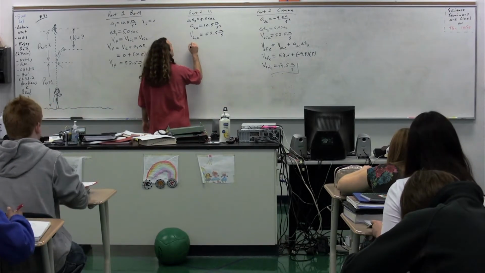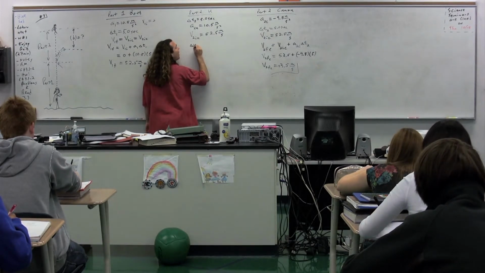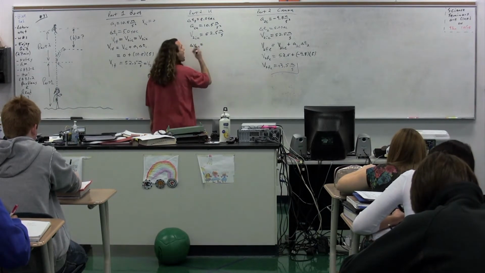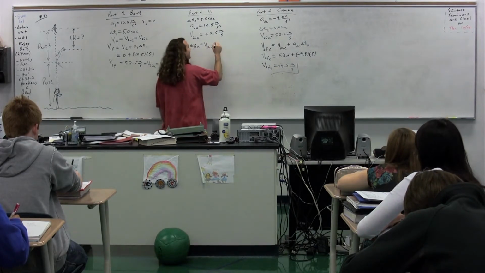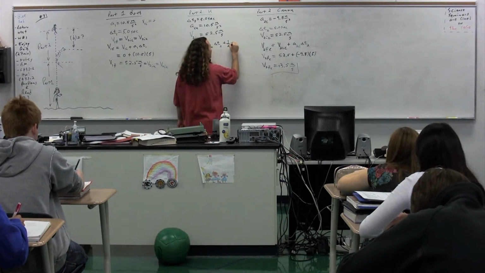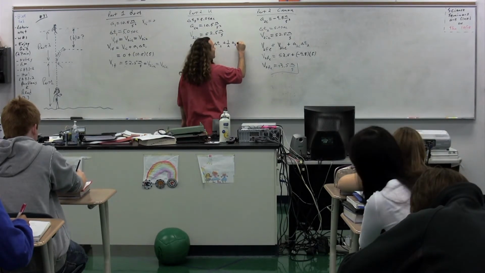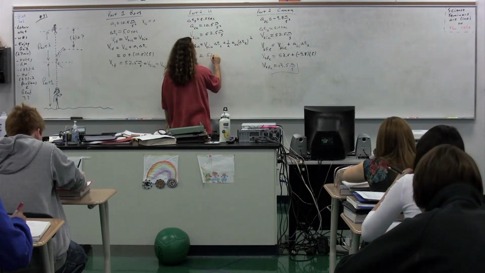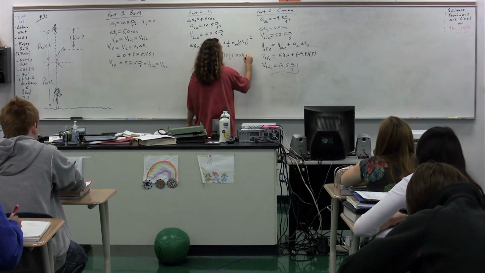We could use delta y equals the velocity initial for part 2 for you, times the change in time for part 2, plus 1/2 times the acceleration part 2 for you, times the change in time for part 2 squared. Good, we have all these variables. The initial was 52.5, change in time is 5, plus 1/2 times the acceleration, 10.5 times the change in time, which we're going to square.